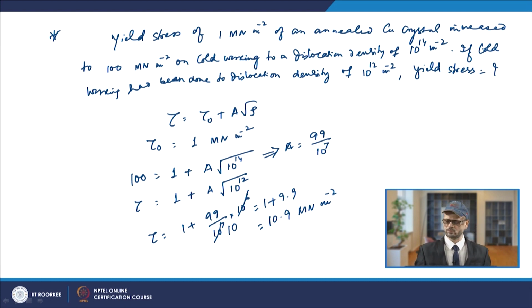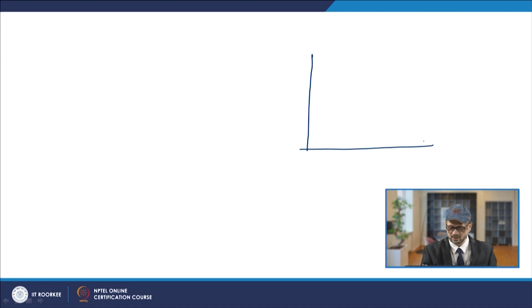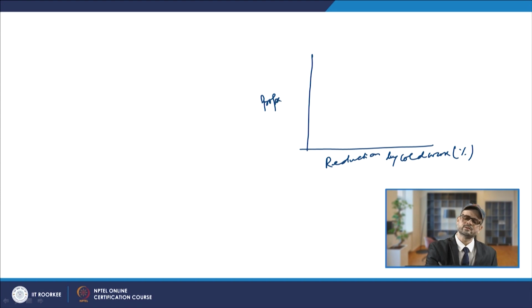Now, also let us see what will be the effect of this cold working. When you increase the degree of cold work, that is the reduction by cold work, in terms of percentage, the properties change.